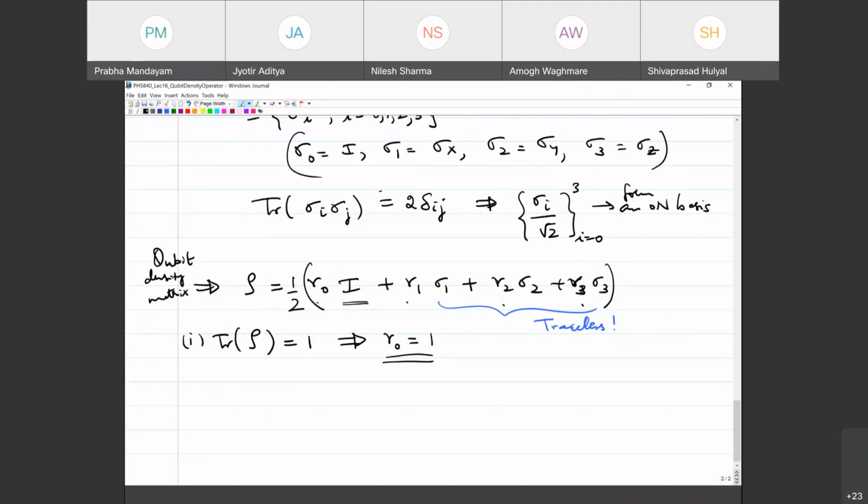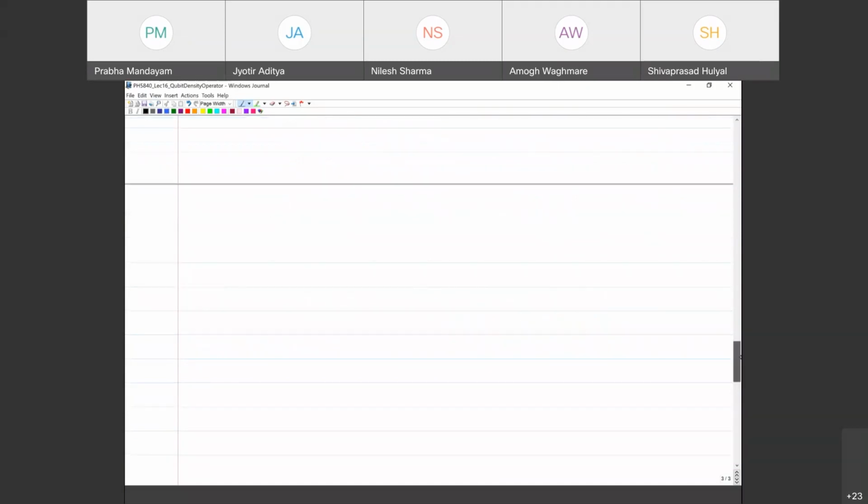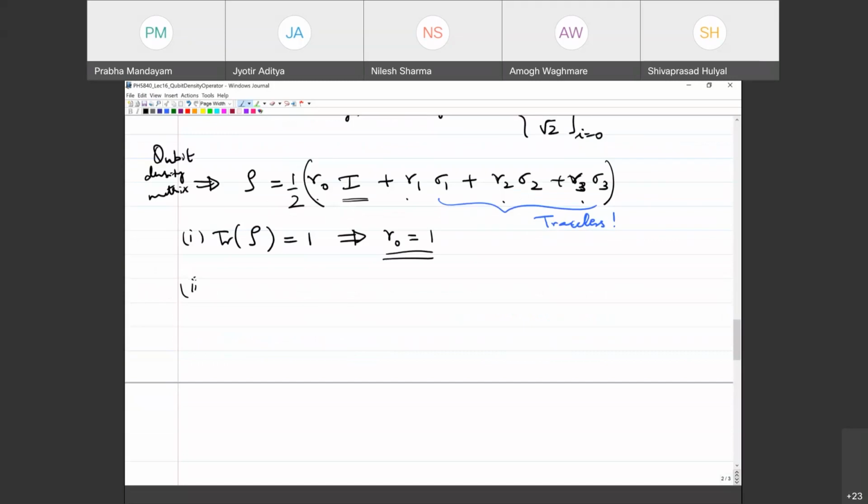Okay. So next, let's go step by step. So let's say that rho dagger is the same as rho, right? It's Hermitian. So what does that imply? We've already fixed R0. R0 is 1, fixed. Now what about R1, R2, R3? What can you say about them? Must be real.